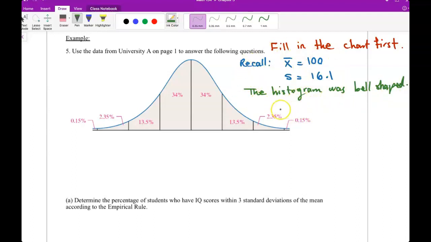So we had all this information from the first page. In between we have the mean, x-bar. I'm not drawing mu because this one is a sample. The mean is 100 on that one. Now this is within 1 standard deviation.